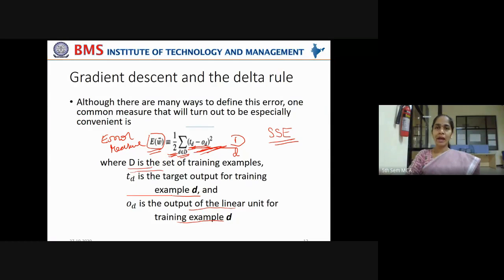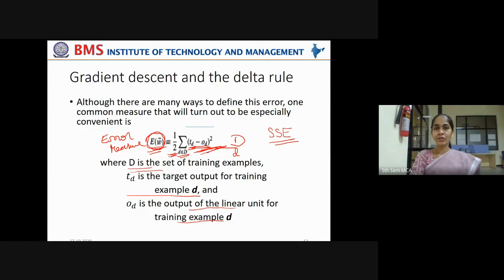So the target of this delta rule or gradient descent rule is to reduce this error by adjusting the weights. That is why it is error measure on the weight vector. Did you notice that?